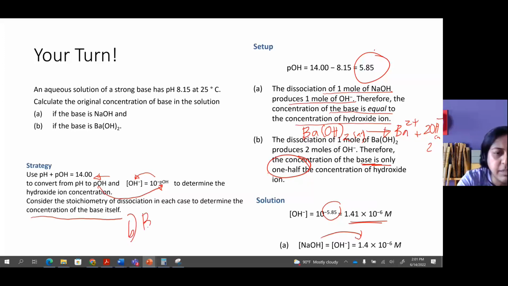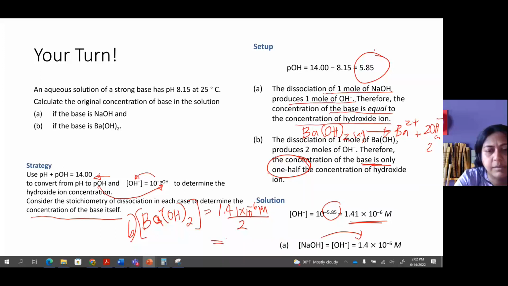But what is the barium hydroxide concentration? The barium hydroxide concentration will be half of the concentration of the hydroxide ions. So that would be 7.0 times 10 to the negative 7 molar.